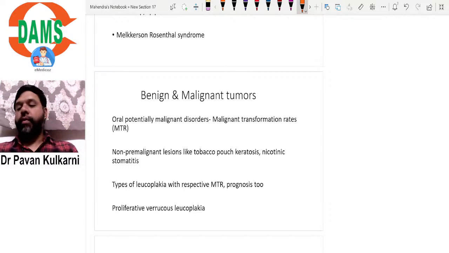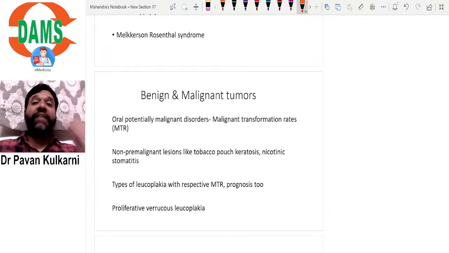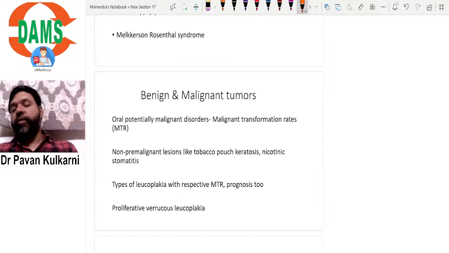Now, proliferative verrucous leukoplakia. This is a very important topic, where we are supposed to remember that it will have multiple white patches in the oral cavity. High recurrence rate, high malignant transformation. Malignant transformation is almost 70% on average for PVL.